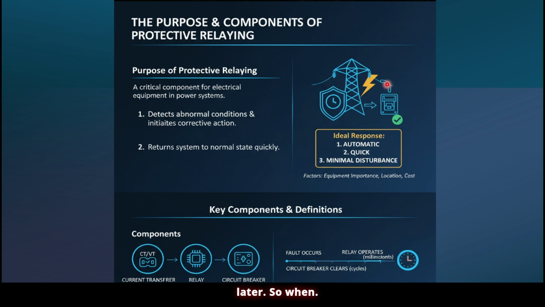So when a fault occurs, we should have a response. What are the best characteristics of the response? What characteristics should this response have in order to say that this protective system is working in an appropriate way? The first one is that the response should be automatic, of course.